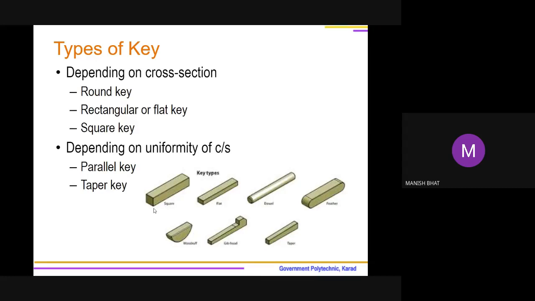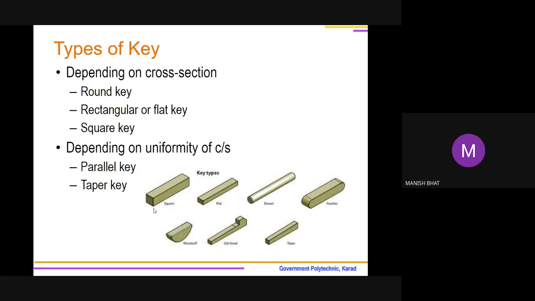So at a distance of 100 mm, we will find that thickness will be 7 millimeter. So a taper of 1 millimeter in 100 is provided. This taper helps in mounting different transmission elements on the shaft. So depending upon cross section, it may be a parallel or taper key.